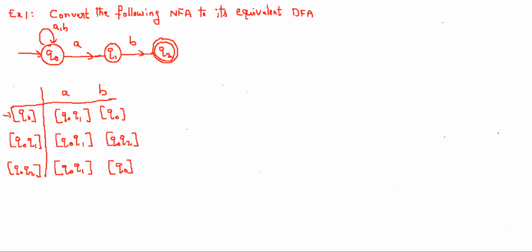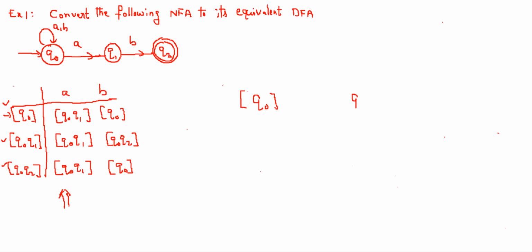So now we have seen the transition table of the NFA. So this is the transition table of the DFA that we have obtained by converting the NFA to the DFA. Now from this, what you can observe is that we have 3 states in the DFA. So what are the 3 states? Q0 is one state.